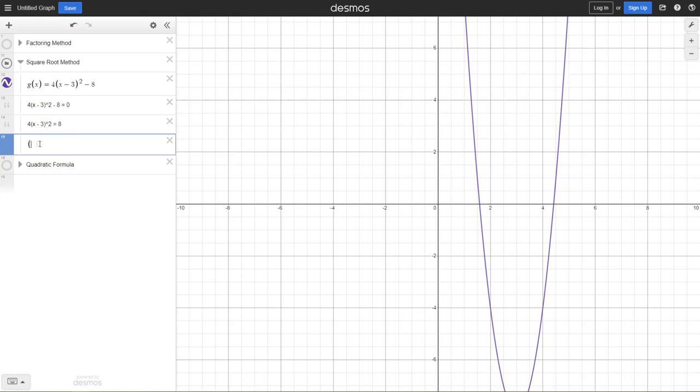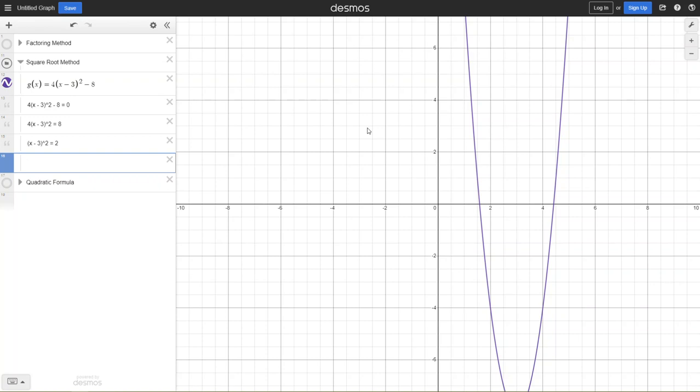So I'll have, I still do want to note here, I'll have (x minus 3) squared equals, I'm dividing by 4, so I'll have 2. Okay. At this point, I'm ready to take the square root of both sides. I'm going to go out of a note right now just because it is difficult to type the square root symbol in a note.